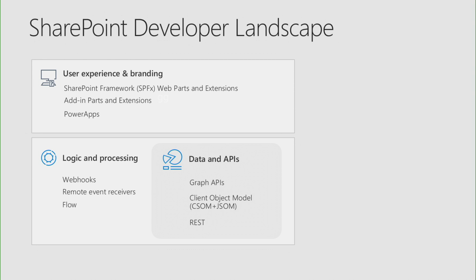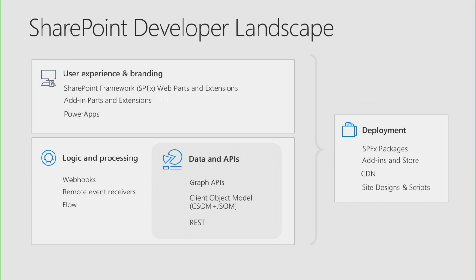So some tools you'll use there are SharePoint Framework, add-ins, and extensions. And also Power Apps are another way to actually extend the user experience of SharePoint in a more no-code type fashion that doesn't require you to write individual lines of code. So you can see how you have got this data and API layer, probably using Graph APIs or some REST or some CSOM APIs, logic and user experience all working together to help you build an application.